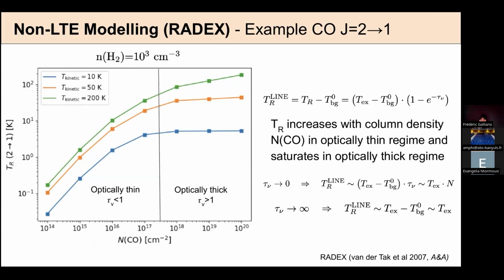However, in the optically thick regime, the Rayleigh-Jeans temperature saturates, because the photons in the medium are reabsorbed and not emitted. We also see that this temperature saturates at the value of T excitation, which is less than T kinetic, as you can see from the plot here. This is because we are still in the non-LTE regime.